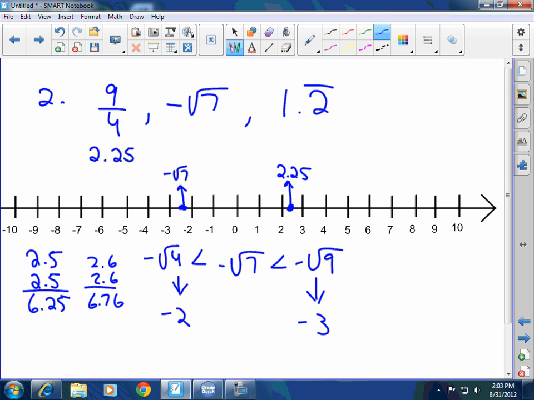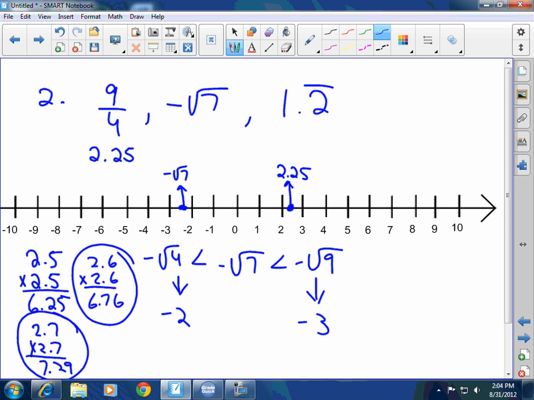And 2.7 times 2.7 is 7.29. This is 0.24 away from 7. This is 0.29 away from 7. So it's going to roughly equal negative 2.6. So it's about right there. And then last but not least, 1.2 repeating. It's a little bit beyond the 1, between the 1 and the 2. 1.2 repeating. And that's it. You graphed it. You're done.